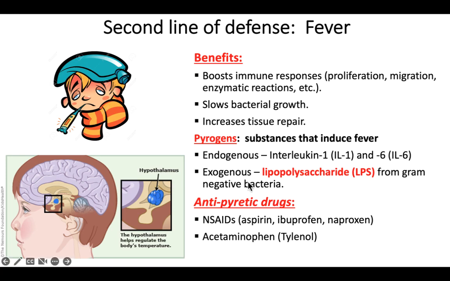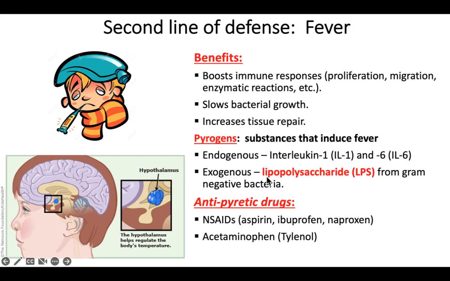Some of these are produced by your immune system. They're called interleukins. These are endogenous pyrogens, meaning they're produced by your immune system, or inside of you. Interleukin 1 and interleukin 6 are known to cause fever. Exogenous pyrogens come from outside the body. So those are molecules that are released by bacteria.